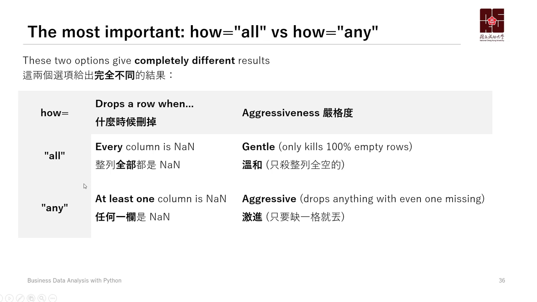I think nowadays we prefer to use all, just a gentle approach, because maybe we are just missing one cell or two cells. We can fill them with another number, that will be fine. But if you drop it out, that will be a huge thing. Maybe finally the number of data is not enough. So I prefer you to use all, but this really depends on you.